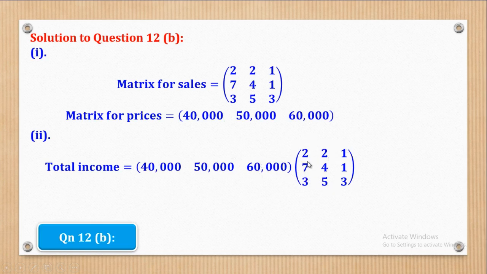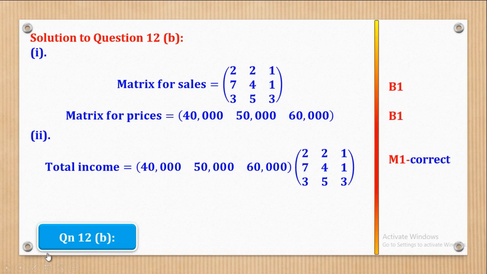If you interchange the two, then the answers will not come out, because there's no way you can multiply a 3 by 3 matrix followed by a 1 by 3 matrix. So remember that the order matters. Before we go to the next slide, let us first see how the marks for this part so far can be awarded.